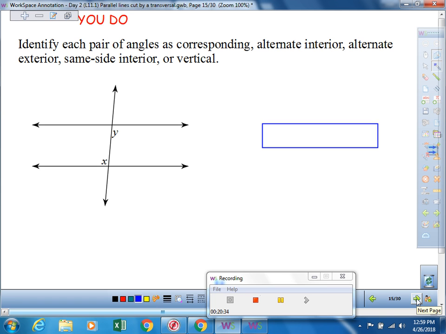So name it, and here are their names up here. And you can use the front side of your notes if you need help. Okay, compare it to a shoulder partner.